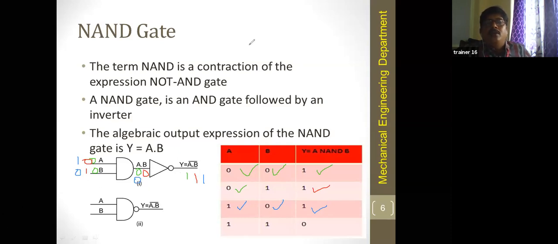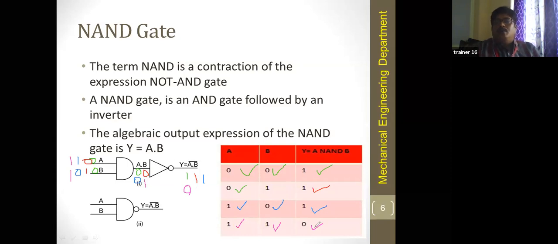Now again, you can go for the next one. Here the input of A is 1 and the input of B is 1. The output, 1 into 1, is nothing but 1. Now this 1 is the binary input to the NOT gate, then the inverse of 1 is 0, right?